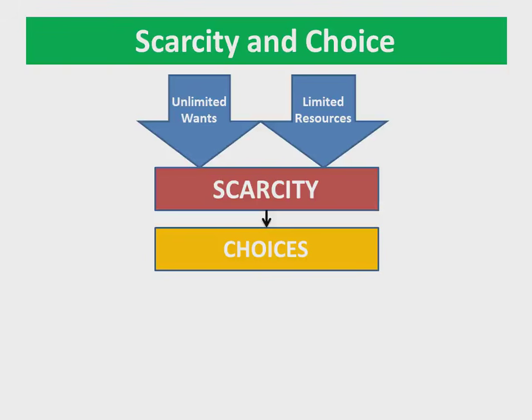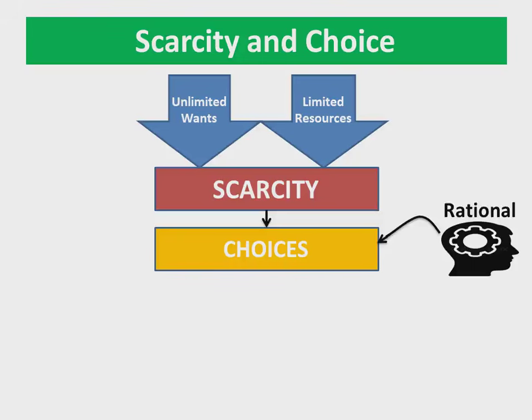Now, these choices are not made just anyhow. Individuals make choices, out of whatever situation they have, that will give them the best results. In other words, when making choices, you need to be rational. If you make rational decisions, then you will be able to achieve the desired results.